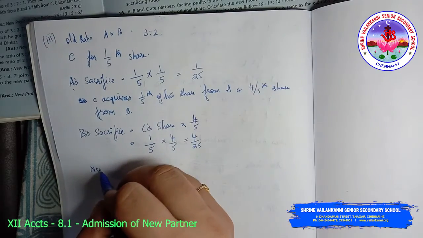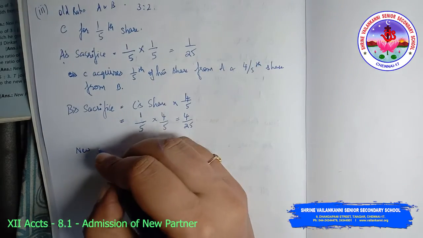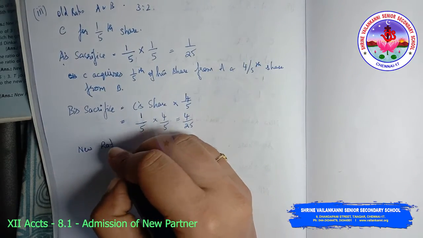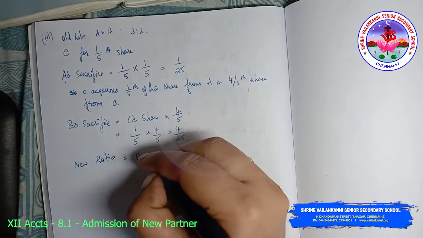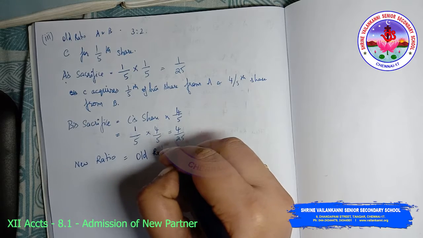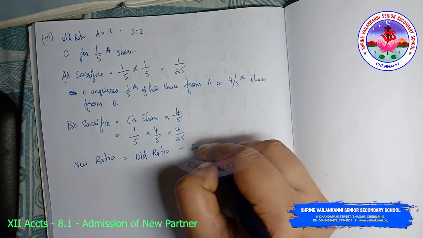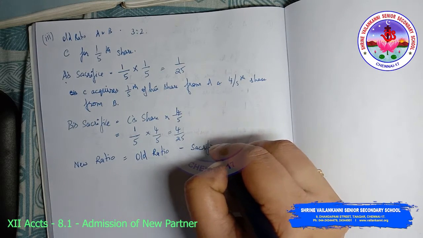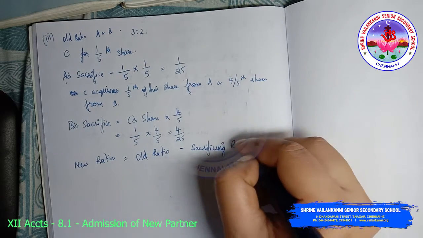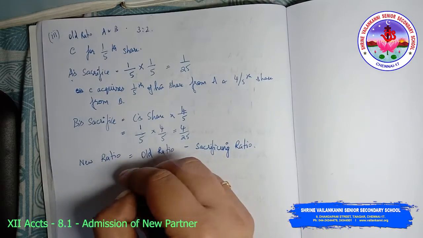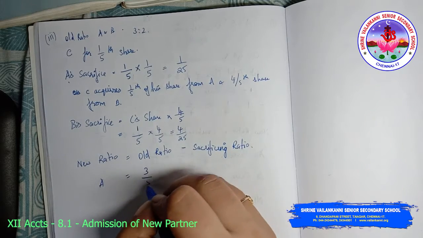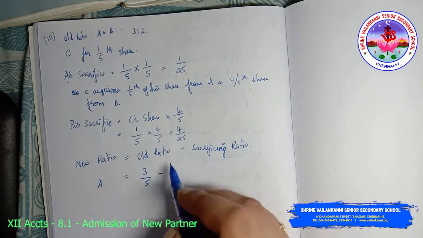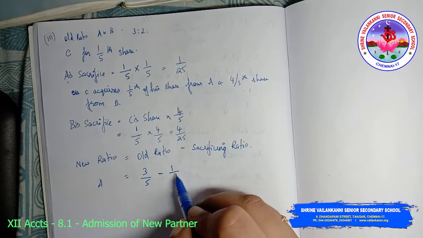So the new ratio is equal to old ratio minus sacrificing ratio. Okay, what is the old ratio? A's old ratio is 3/5 minus sacrificing ratio 1/25.